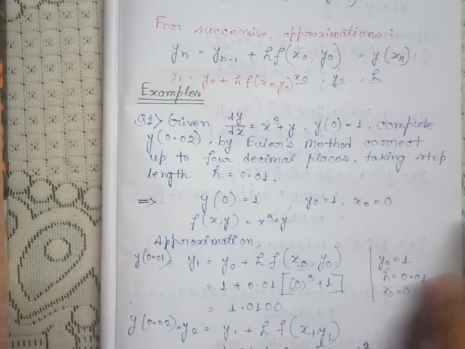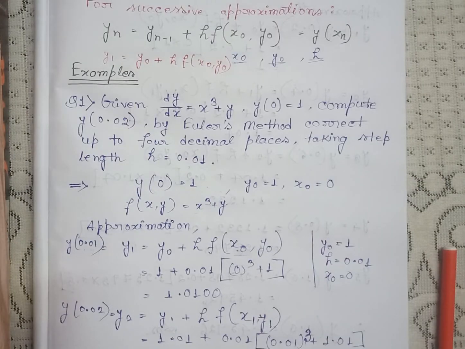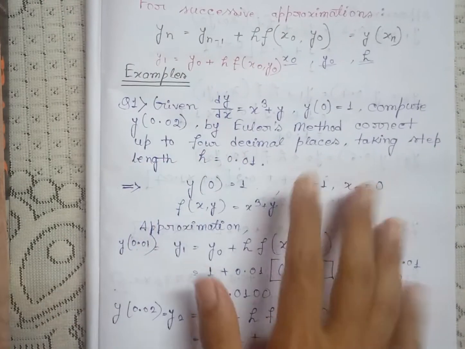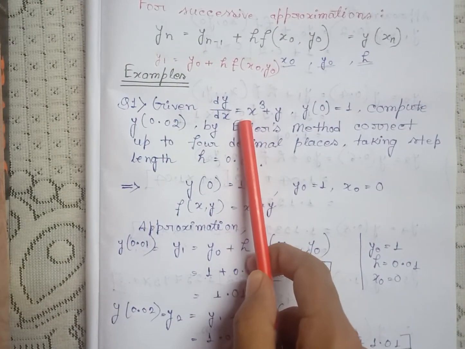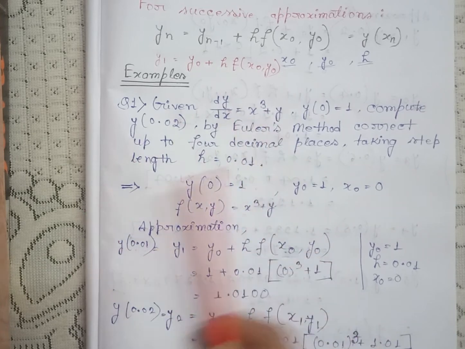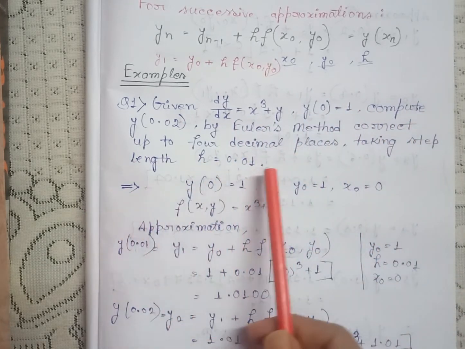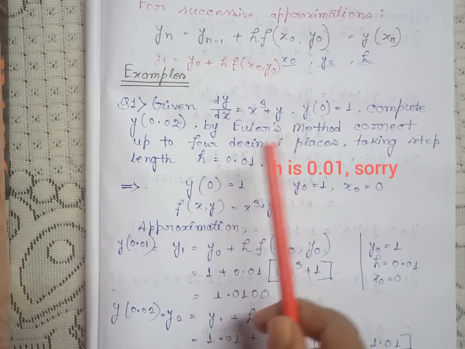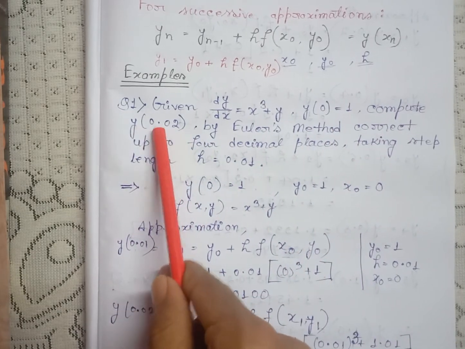So we'll just solve a question, and by this you'll definitely have a clearer idea about this. We'll understand this by using this problem here. It's a very simple problem. Here the given equation is x cube plus y, the given value of y0 is 1, and the given value of h is 0.01 here, and we will have to calculate up to y of 0.02.